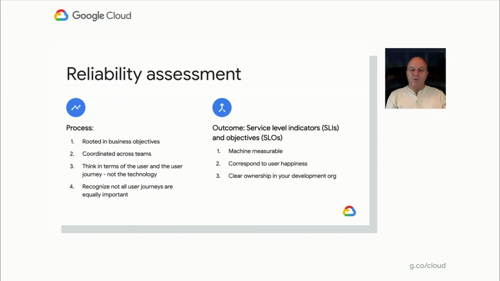And so if you end up with SLIs that accurately measure your users' activities and SLOs that numerically describe what those SLIs should be in a well-running system, you have something very useful, which is a set of measurements that are machine measurable. So you can actually measure them constantly, record them, go back and look at them later, alert on them when they aren't working the way you want.